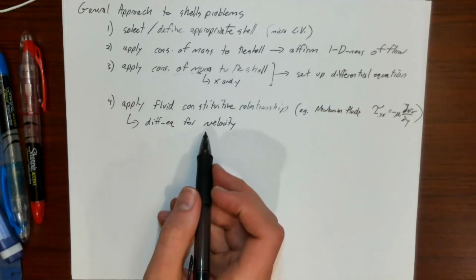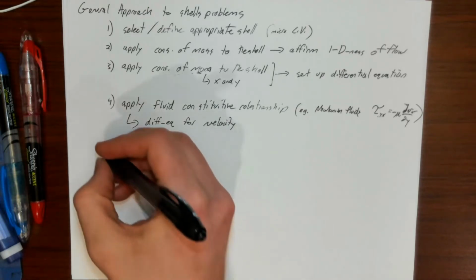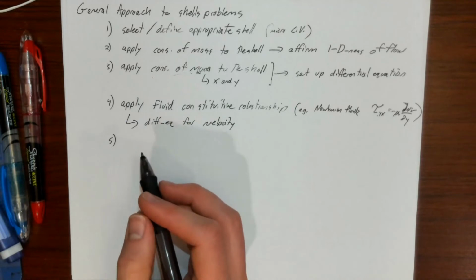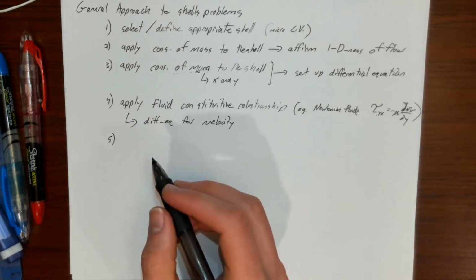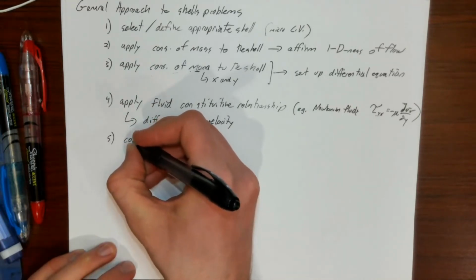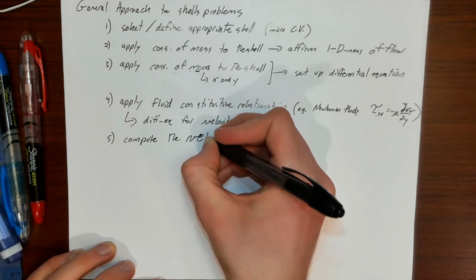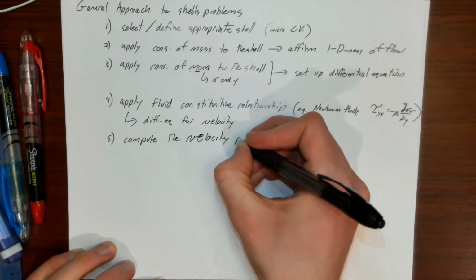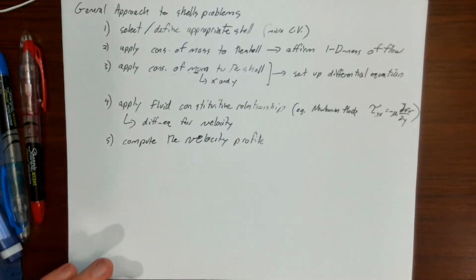And once we have a differential equation, we'll need to solve it. So the next step, after we apply this constitutive relationship, is to compute the velocity profile by integrating to solve this differential equation.